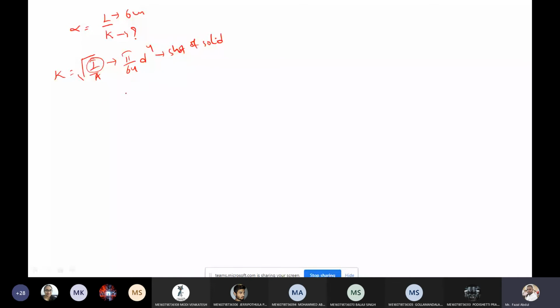So for a hollow shaft, the equation is pi by 64 into d naught power 4 minus di power 4. Now K value is the square root of pi by 64 into d naught power 4 minus di power 4, by area. Area is pi by 4 into d naught square minus di square.